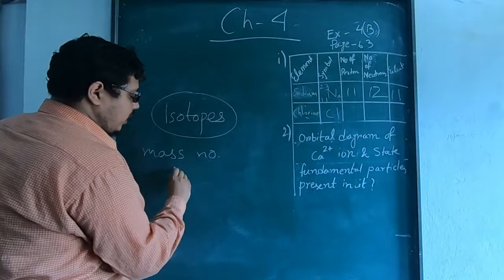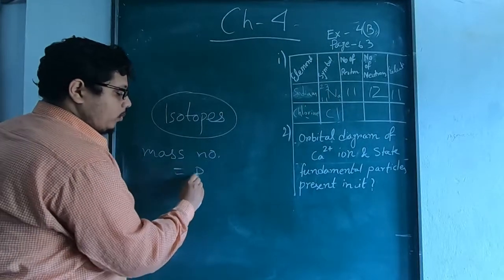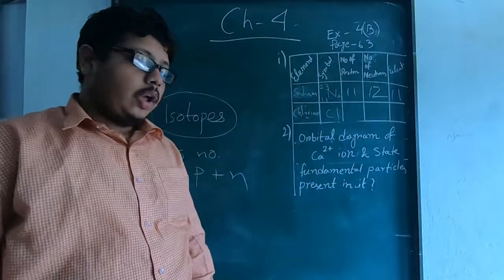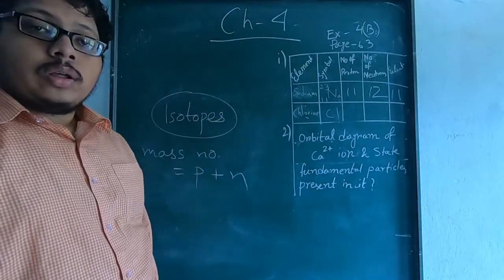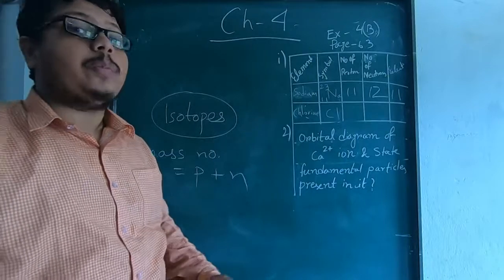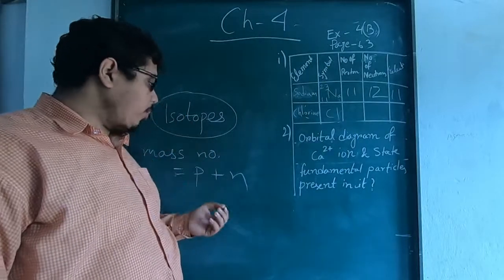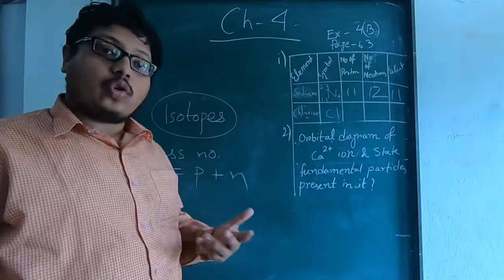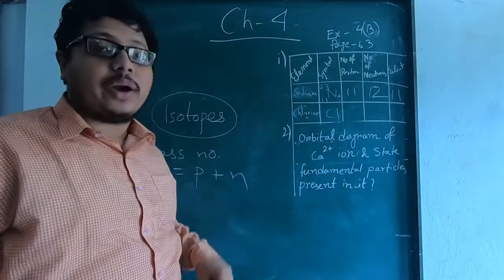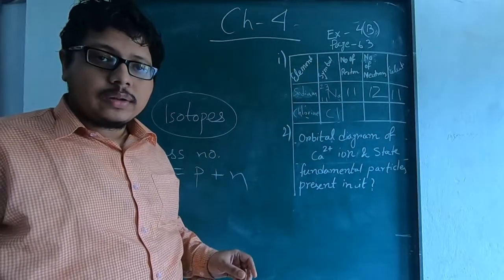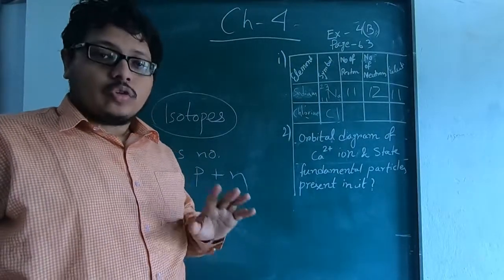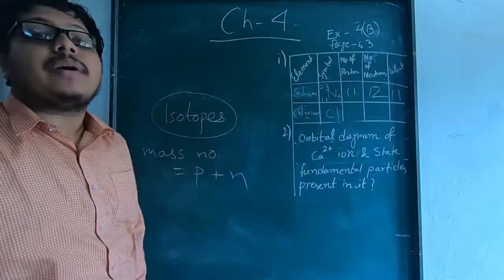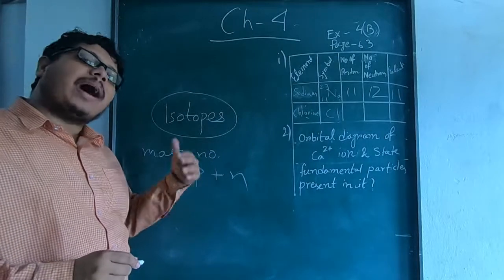Mass number is the number of protons plus neutrons. So how can it be in points? Either protons or neutrons would have to be fractional, otherwise how will the point come here? It is not possible. We cannot have half a proton. So we cannot take the mass number in points, but the atomic mass is in points.